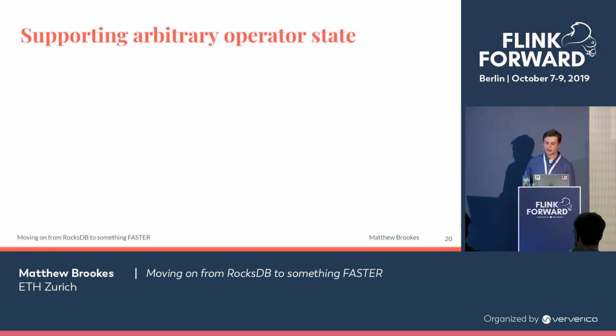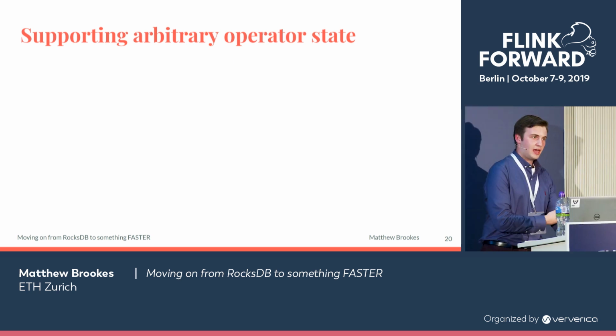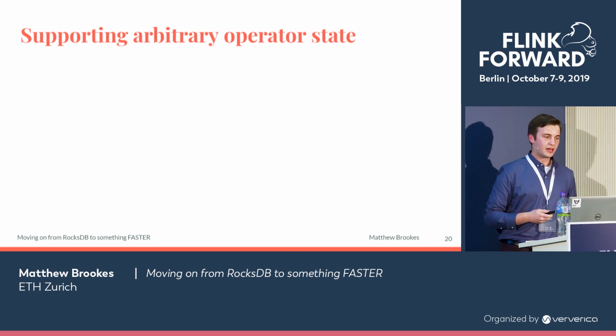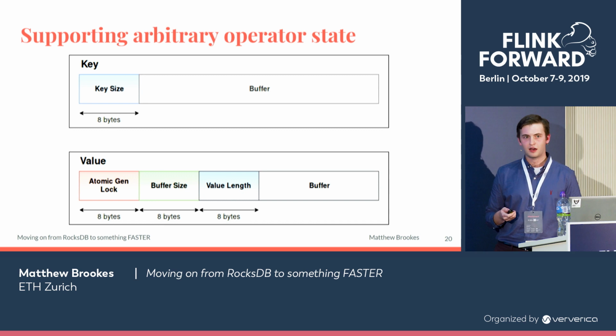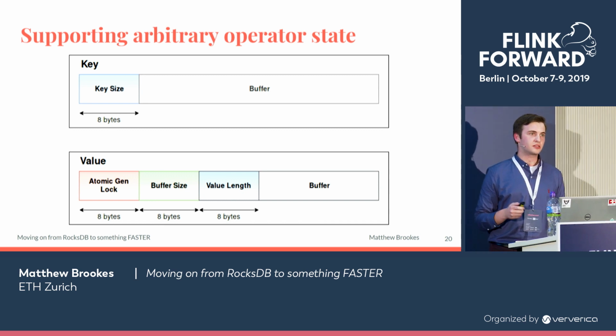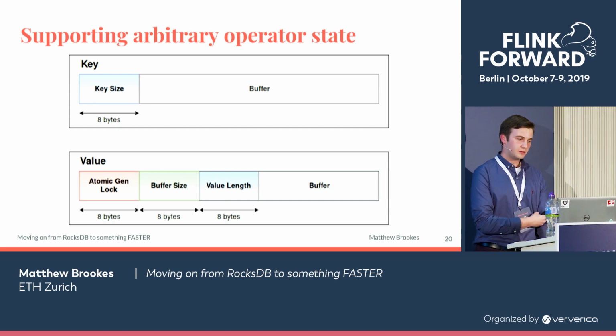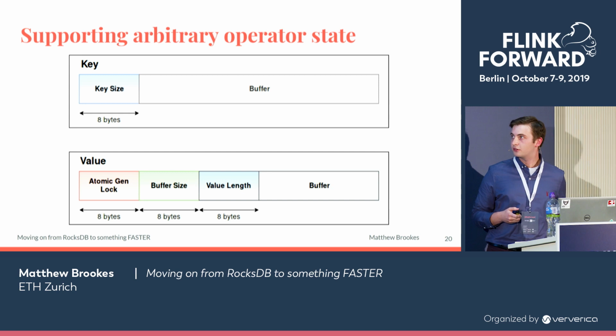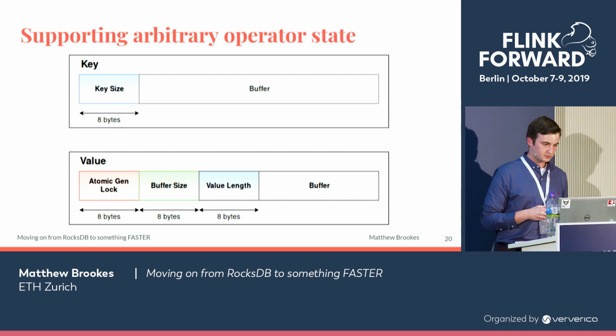If in the first case, then, we like our way of doing RocksDB, that we have for RocksDB this very generic mechanism to be able to store state however we like, and we want to move towards doing that for FASTER, then we have to look at how we actually represent our keys and our values. And it goes back again to serialization, the same as we did with RocksDB, is we have to represent our keys and our values in some kind of byte buffer.